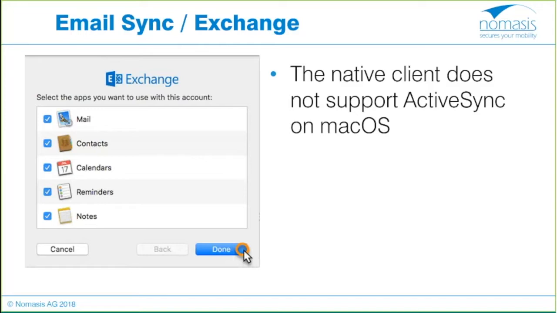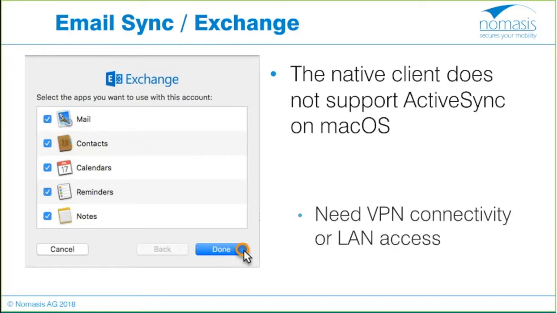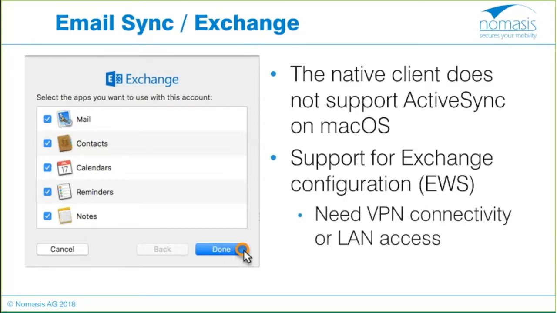So what is that configuration made for? The answer is quite simple. It's the support for Exchange configuration over EWS, Exchange Web Services. Which means that we are able to send one Exchange configuration to macOS, prepare it with MobileIron, and then the mail client from the macOS device will try to connect over Exchange with the EWS connector.